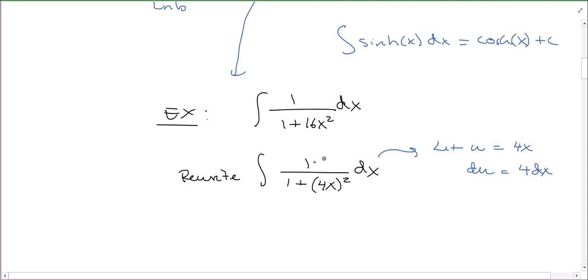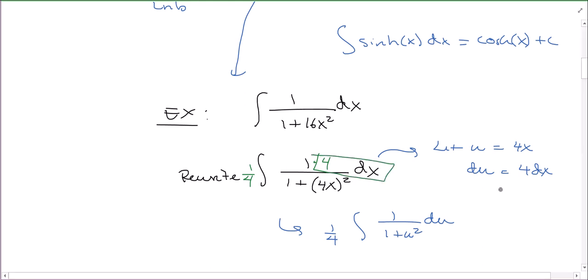So you can say times 4, but now I've changed this quantity, so you have to put a 1/4 out here. And so when you substitute, this will become 1/4 the integral of 1 over 1 plus u squared du, because now your du is 4 dx.